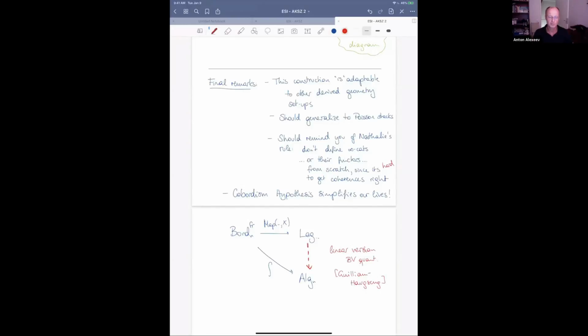I have a somewhat more naive question. The AKSZ construction from the very beginning was a tool to build sigma models, right? Meaning some kind of action functionals, and then out of them maybe producing Euler-Lagrange equations.